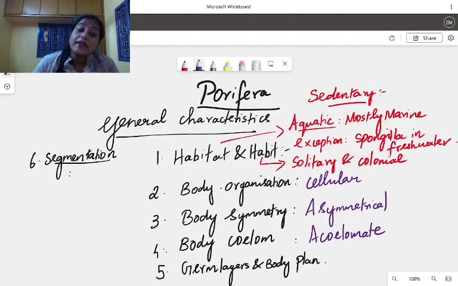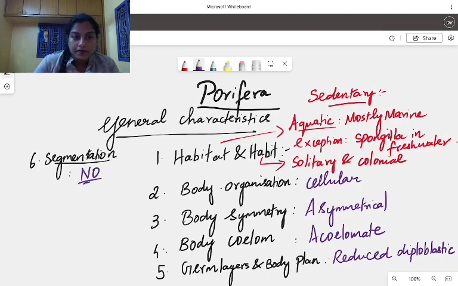They are not even diploblastic, they are reduced diploblastic, and they don't have a body plan as such. And segmentation, no segmentation. That's all. See how easy? We have completed the general characteristics of Porifera.